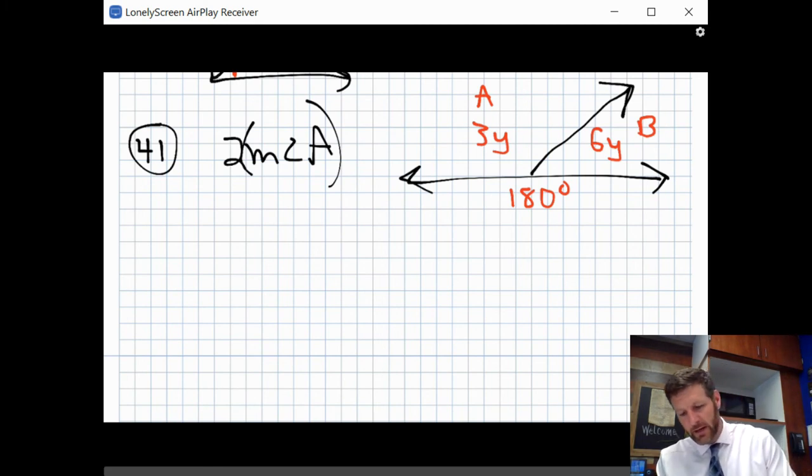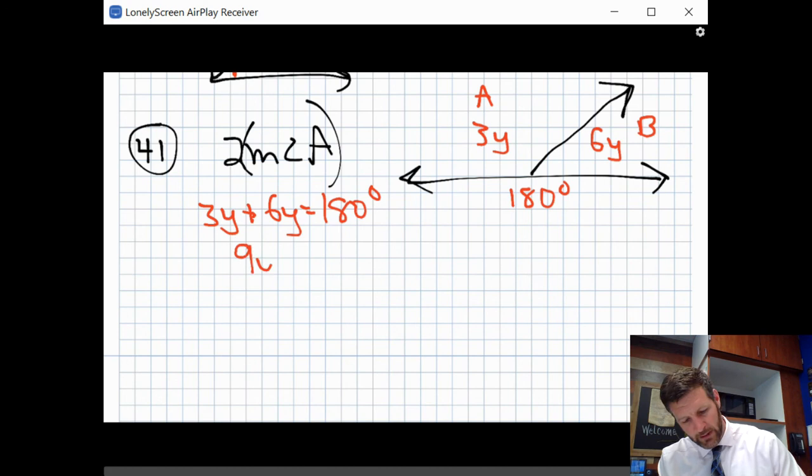Now that I've labeled it, I can see that together, they're going to be supplementary, not complementary, but supplementary. They add up to 180. I can write an equation, because I can see that angle A plus angle B, who's twice as big, together they equal 180. And so now we're ready to rock and roll. I have 9y's, because I had 3y's plus 6y's, equals 180.